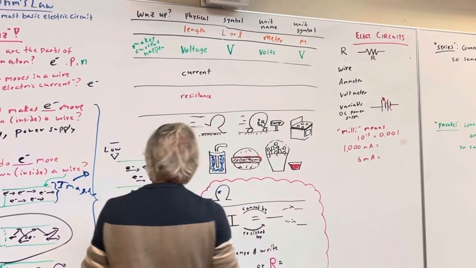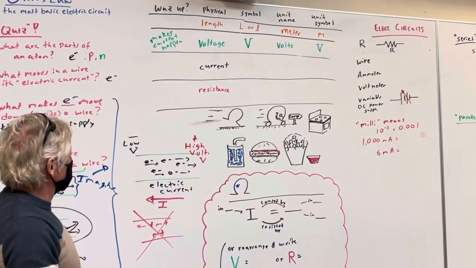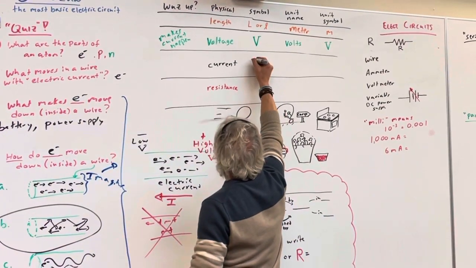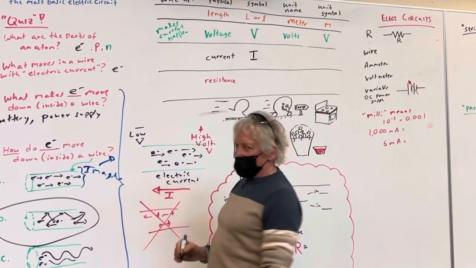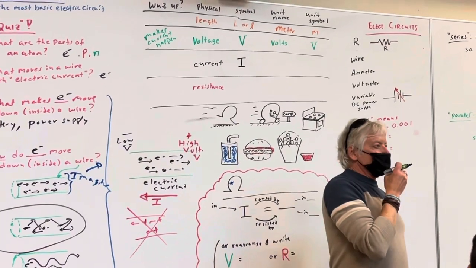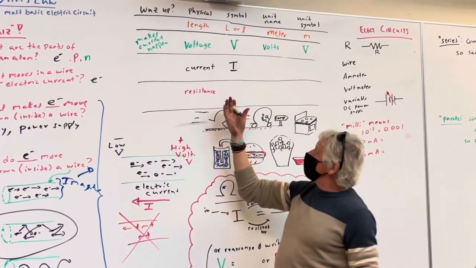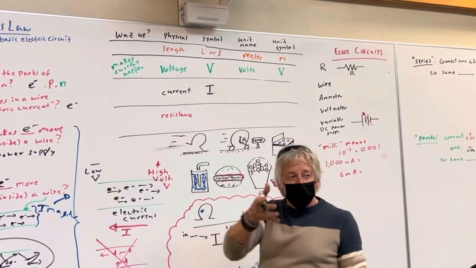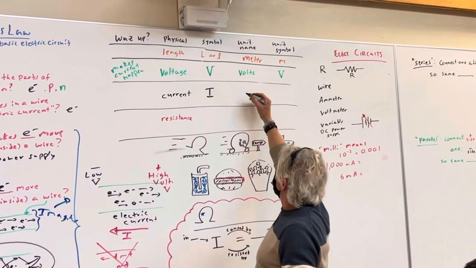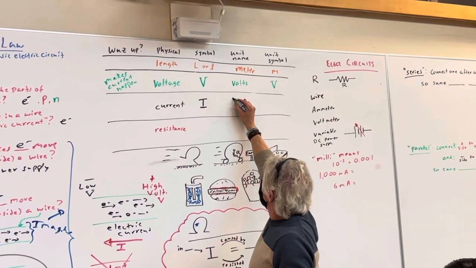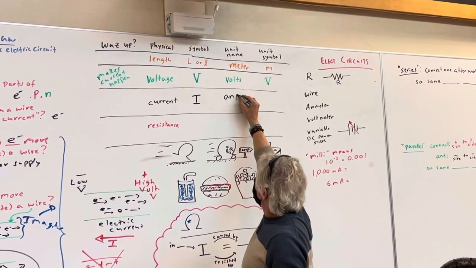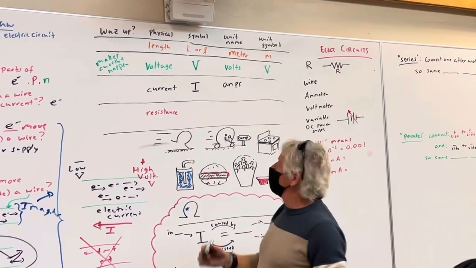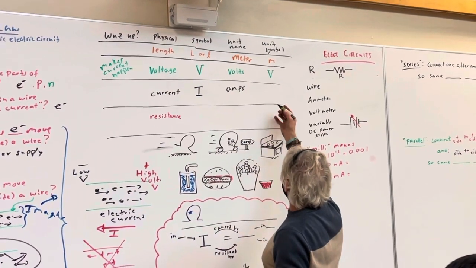Current, which is these negative electrons, I should have done that in red, I couldn't decide, is I. I means electric current. F is force, I is current, V is voltage, L is length. And the unit of current, anybody know? Amps, or amperes if you want to call it that. What do you think the symbol for amps is?